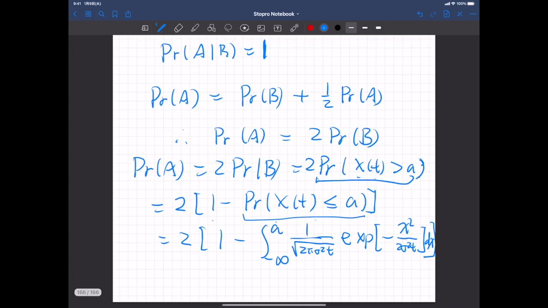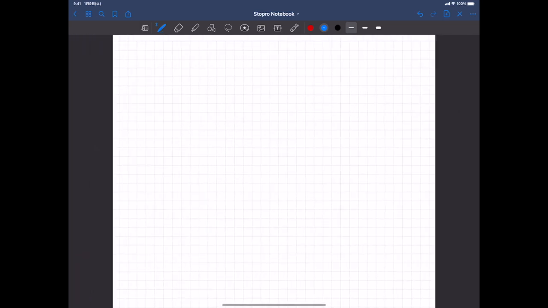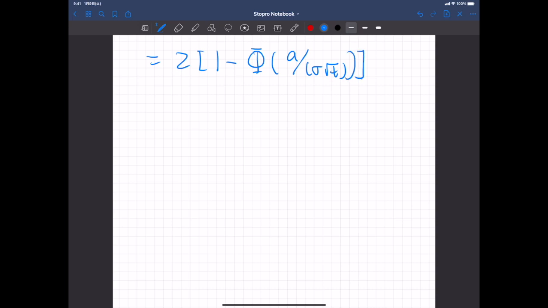Okay. And this is just 1 minus the cumulative distribution function of the standard normal distribution with this argument. Okay.